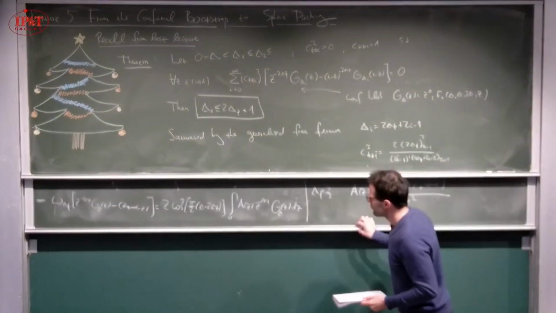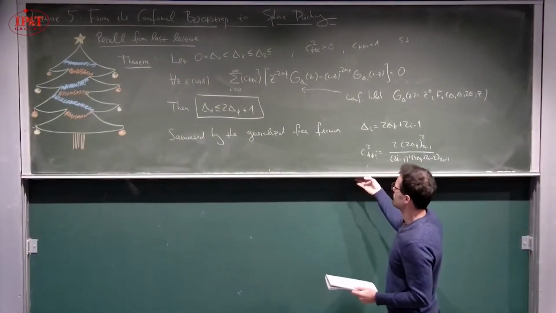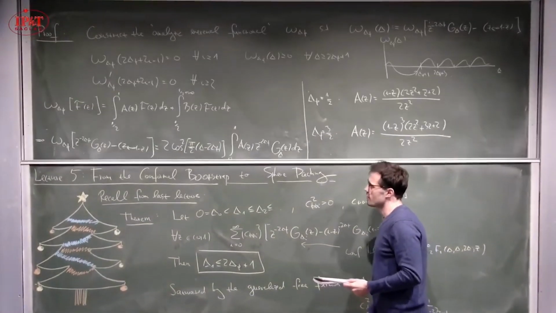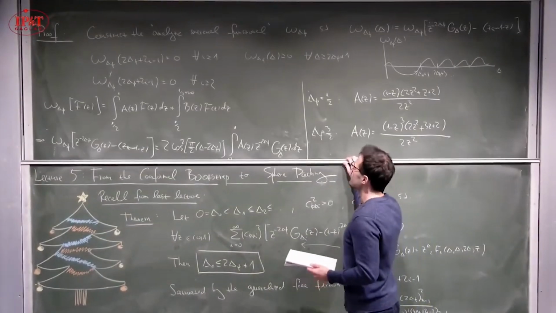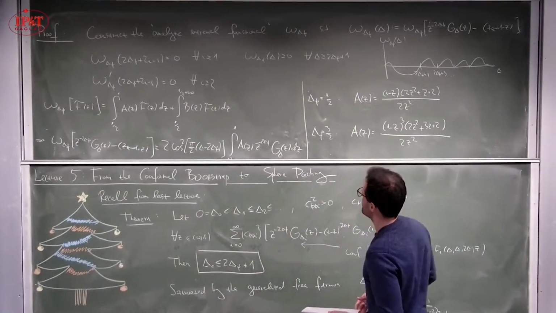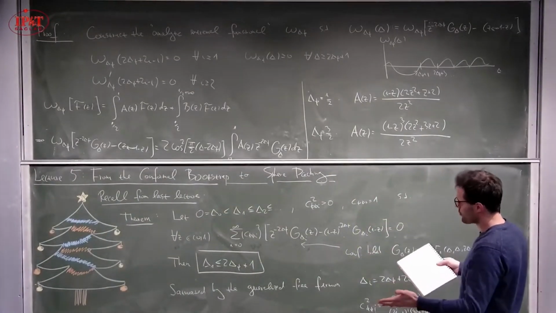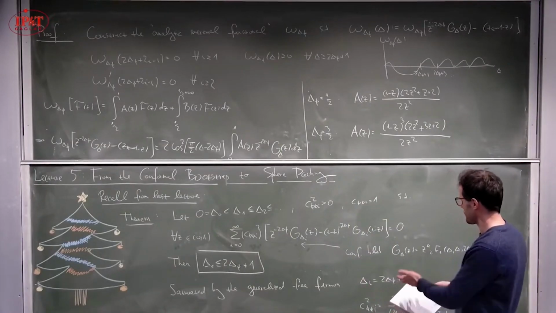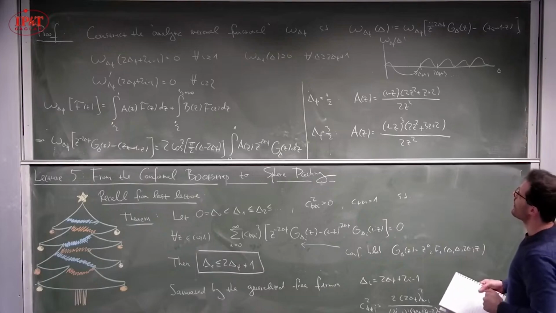And the proof, maybe I'll put the proof at the top. The proof uses this notion of an analytic extremal functional. Analytic because it's an analytic proof, extremal because it proves extremality of some specific solution to this crossing equation.